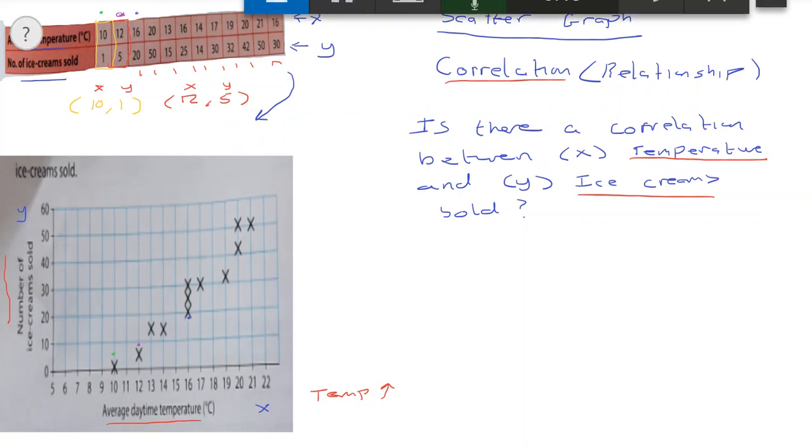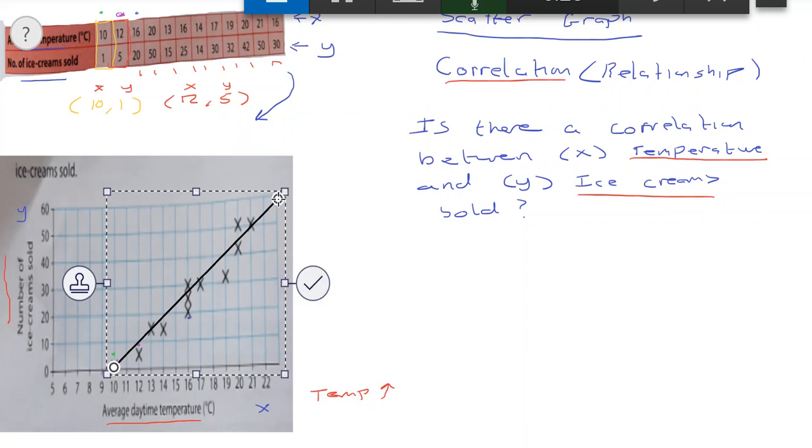So if we think about this, roughly speaking, if we were to draw a line between all these points, we have some kind of a correlation.